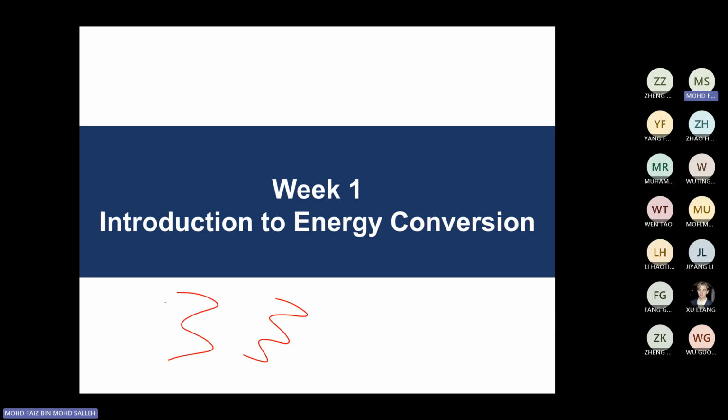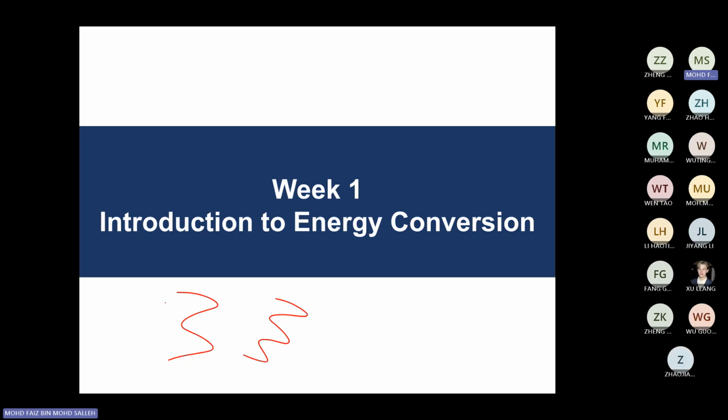That is the kinetic energy. And then from that kinetic energy, through the shaft, it goes to the electromagnetic fields, which is the generator, and then it will produce the electrical energy. So we have three kinds of energy transformation. That kind of energy conversion, we call the indirect energy conversion.